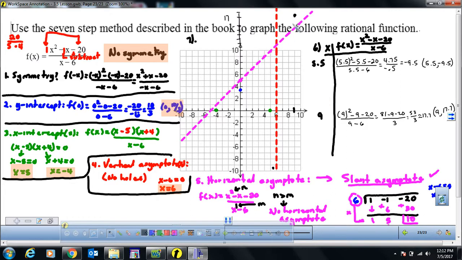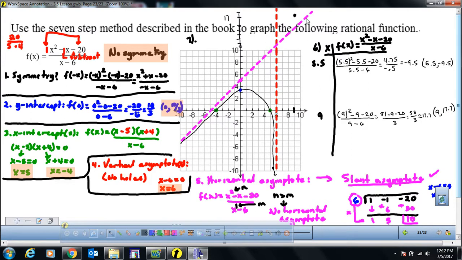So what does it mean? Well, let's put this together. The graph is going to contain these 3 points. You need to connect this point, and then it's going to turn over to this point, and then it's going to go over to that point. Remember that the graph is going to keep getting closer and closer to the vertical asymptote, and likewise to this slant asymptote.